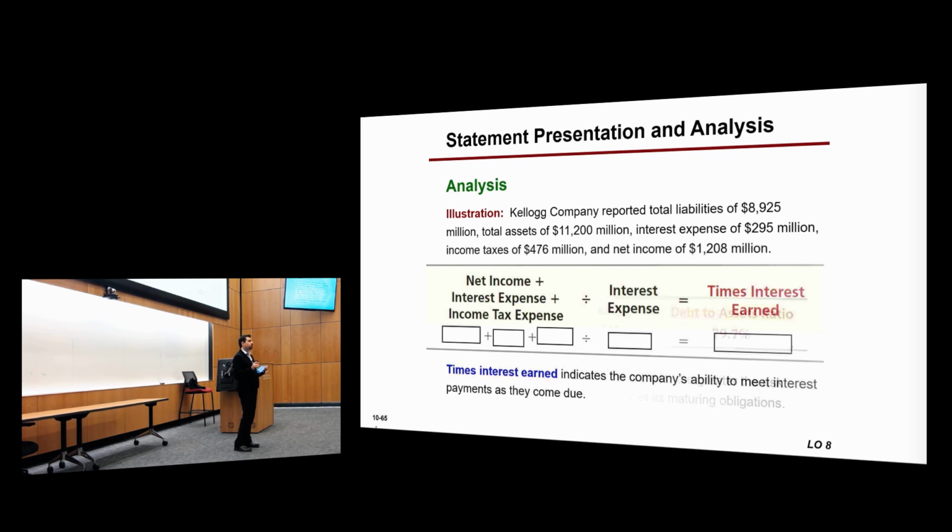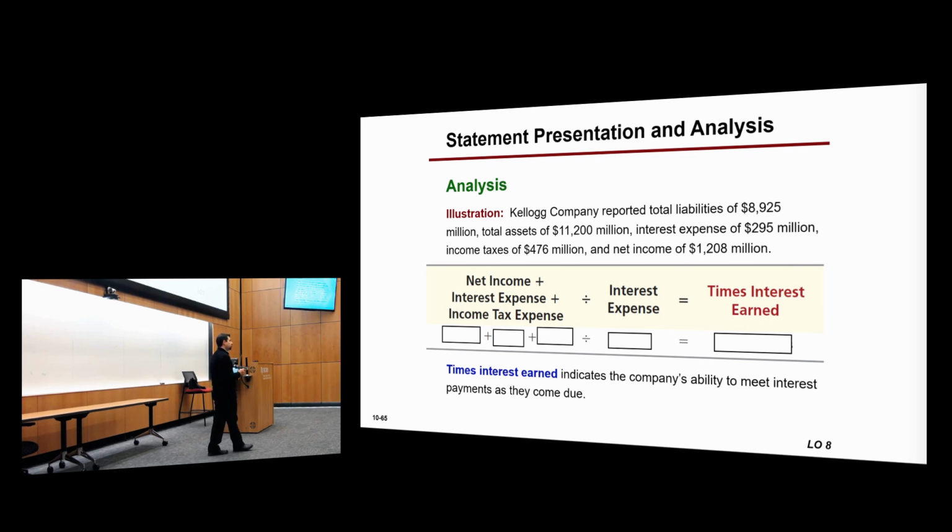So, debt to asset ratio is looking at the percentage of your assets that would be equal to your liabilities. This will look at the company's ability to pay their debts. Okay?